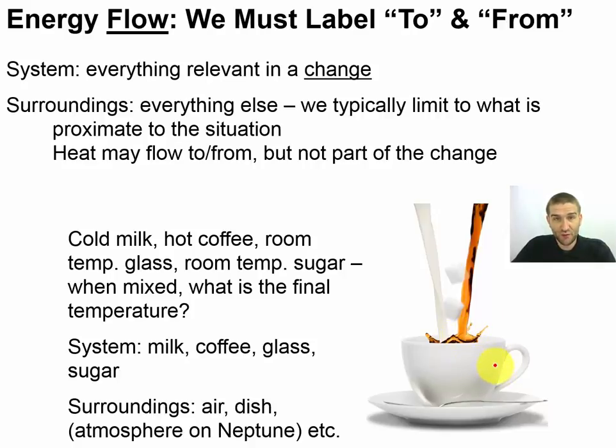The cup would be part of the surroundings. This is exactly where that cutoff starts to get very picky and very tricky. So make sure that when you do any of these problems, you carefully pay attention to the wording so that you can do a good evaluation of where the wall between system and surroundings will be, and also how much of the universe you're going to chop off from what's in your surroundings.